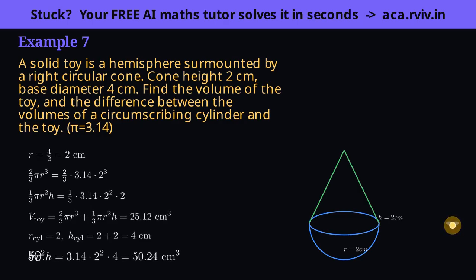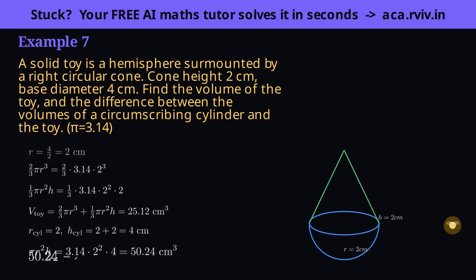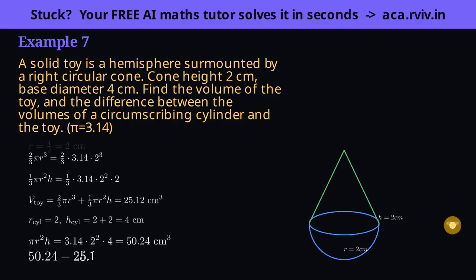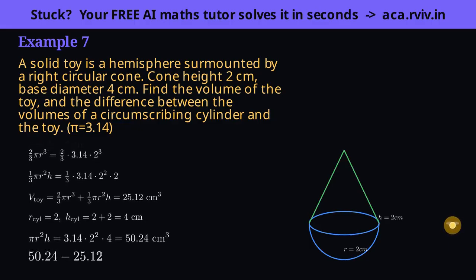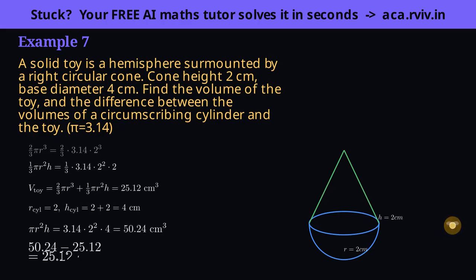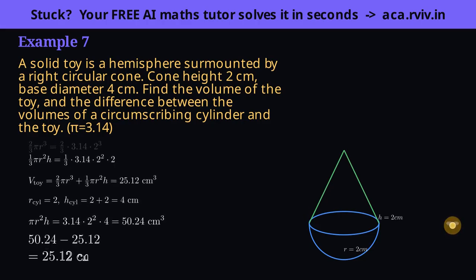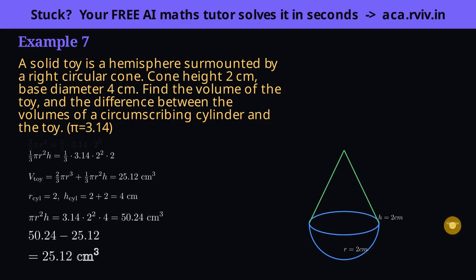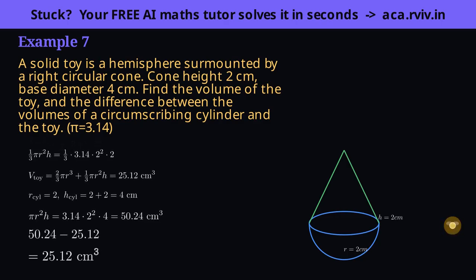The empty gap around the toy is whatever the tin holds minus what the toy fills, cylinder minus toy. Finish the subtraction. The leftover space is 25.12, which, remarkably, is exactly the toy's own volume. The toy fills precisely half its tin.